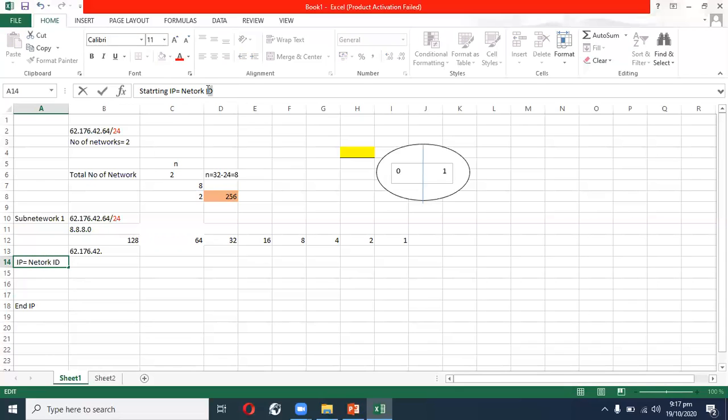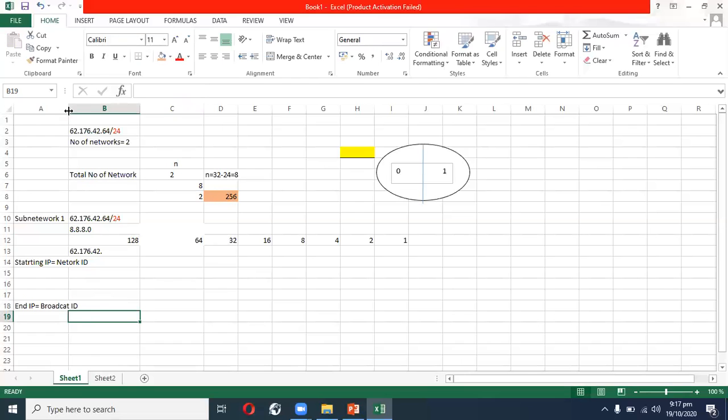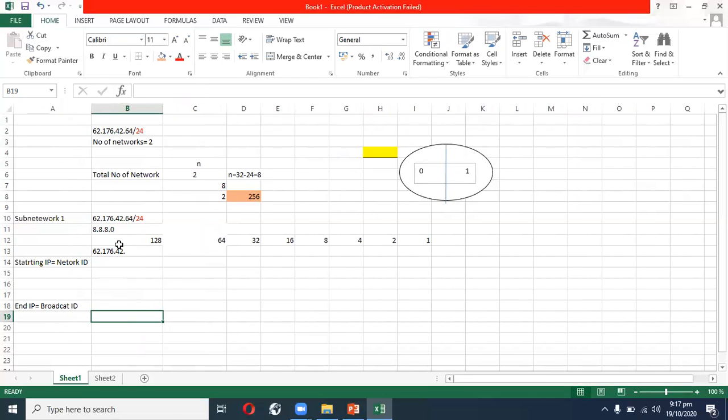This will be the network ID of our subnetwork 1, and the end IP is known as the broadcast ID. So let's see how we can calculate.